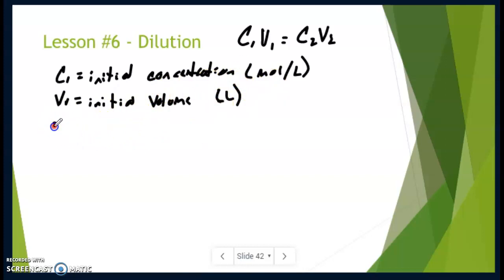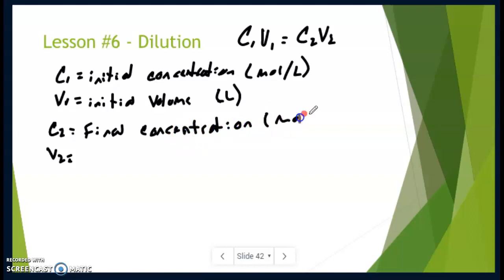Next, C2V2. C2 is going to be our final concentration, which is also in moles per liter, and V2 is going to be our final volume, which is in liters.